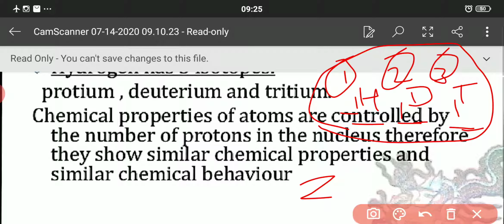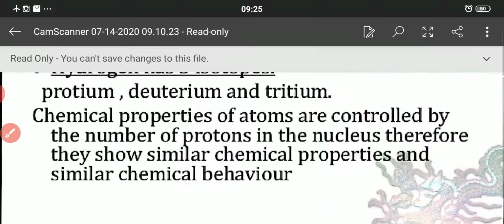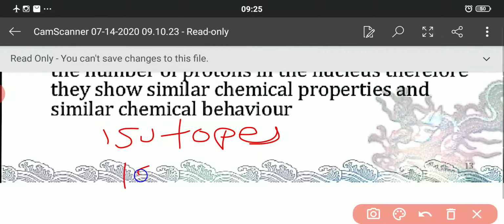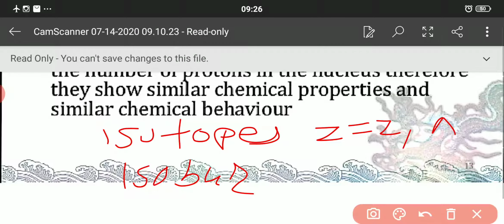So remember in one line, isotope and isobar. For isotopes, Z is equal, atomic mass is different. For isobars, Z is different, atomic mass is the same. Remember this.